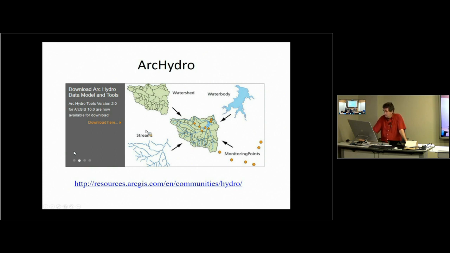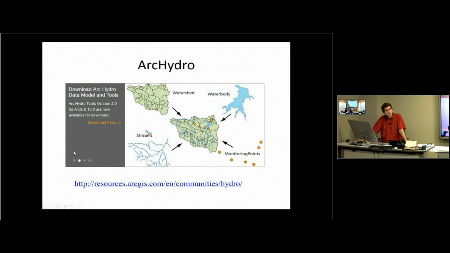A core idea behind this is that we take separate feature classes that deal with streams, watersheds associated with them, gauging points and so on, water bodies, and bring them together. We had this concept of a HydroID, which you've encountered in exercise 3, which is just a counter that says, I'm a thing.